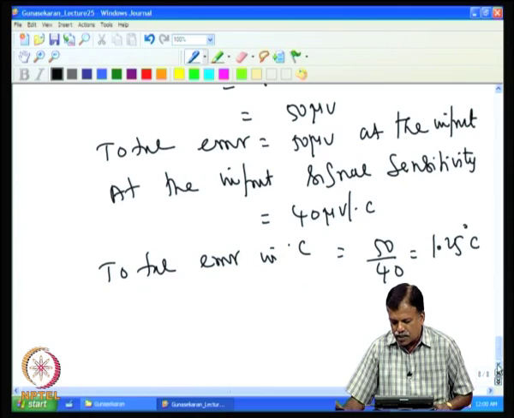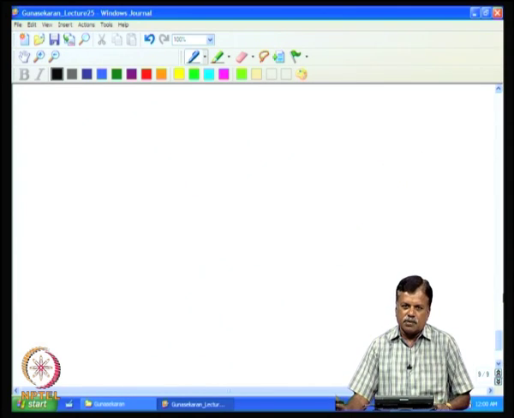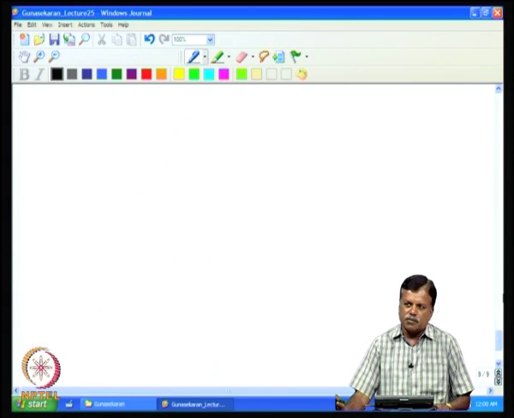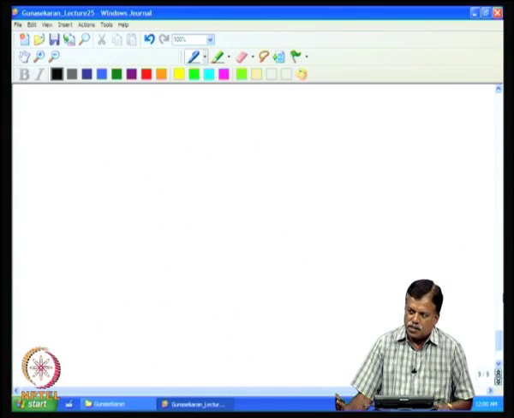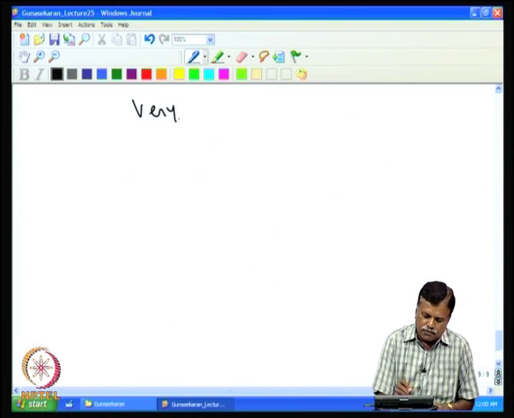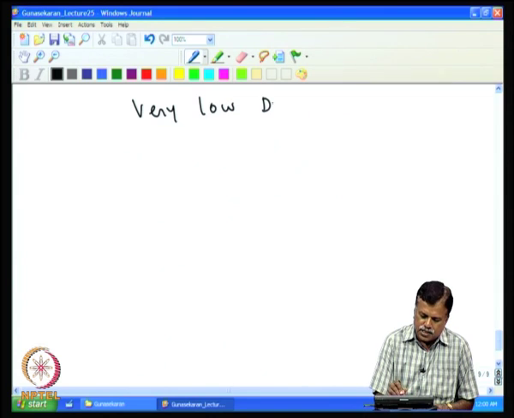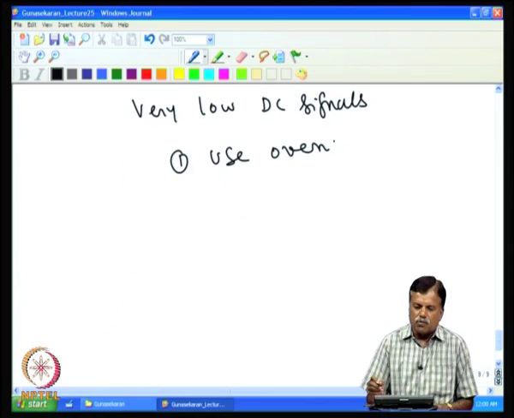Of course, there are serious cases where the input signal is very low, for example, sub microvolt DC signals that are to be amplified, and still we do not want the DC drift, then this can be housed in an oven. So, for very low DC signals, the option available is to use a small oven like crystal ovens.